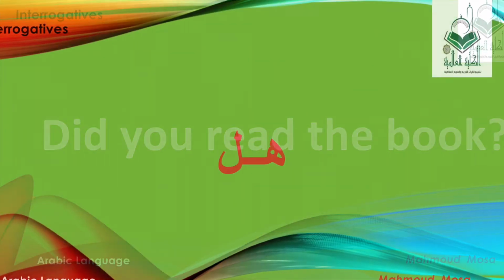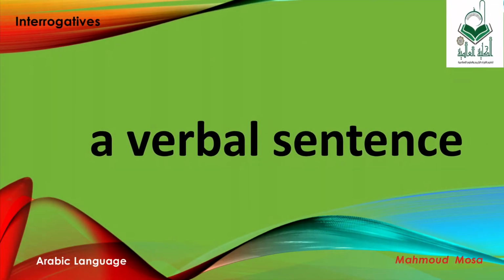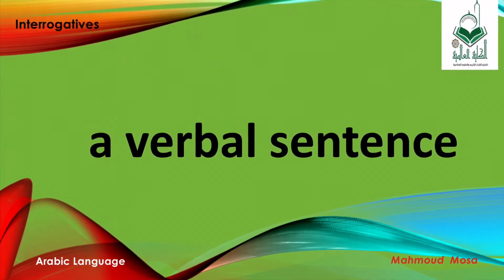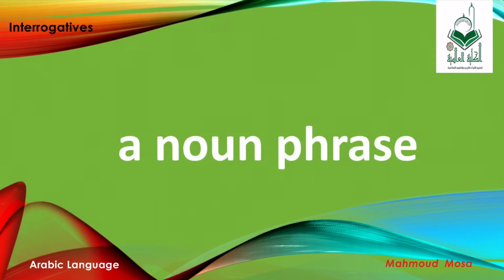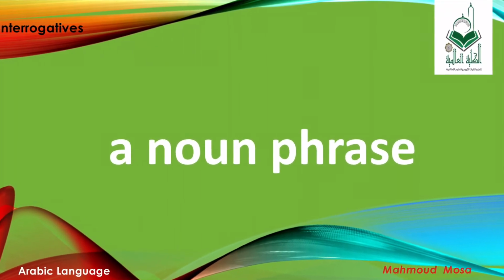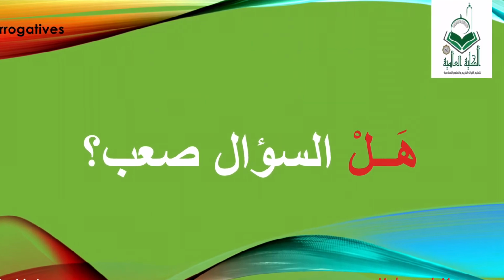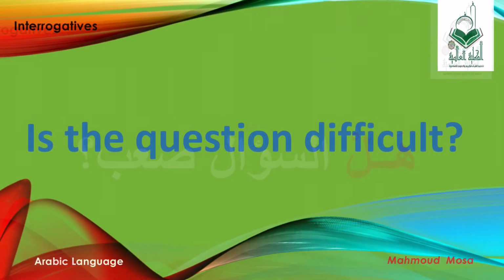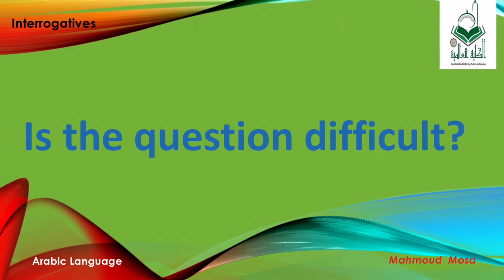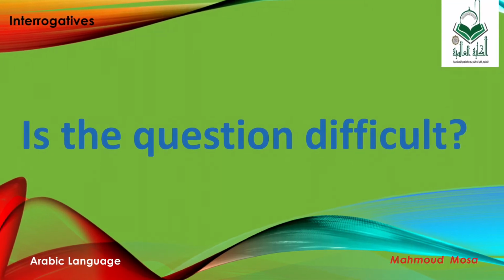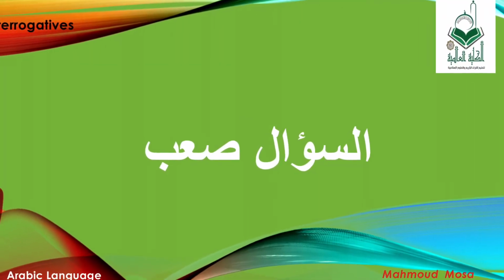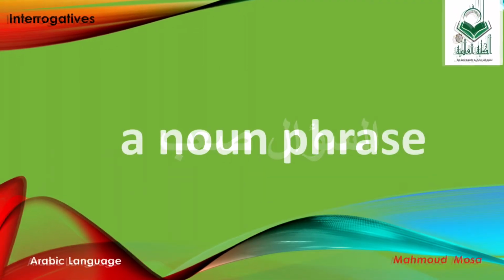Here, هل is used with a verbal sentence. هل also comes with a noun phrase like هل السؤال صعب؟ Is the question difficult? We notice that السؤال صعب is a noun phrase.